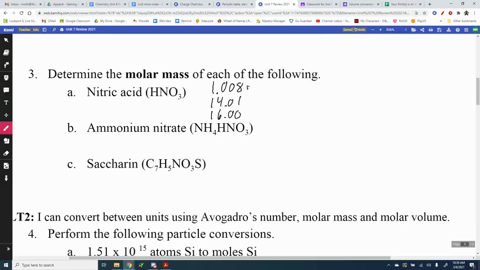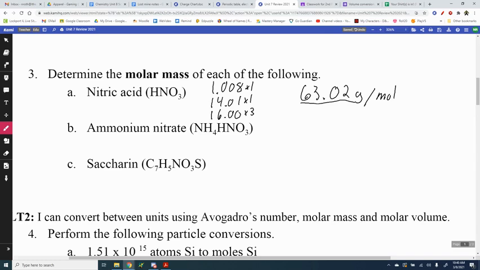There is one hydrogen, one nitrogen, and 3 oxygens, so we have to multiply the oxygen's molar mass by 3. We add them all up and we get 63.02. The units for molar mass are grams per mole, because that is how many grams 1 mole of nitric acid weighs.